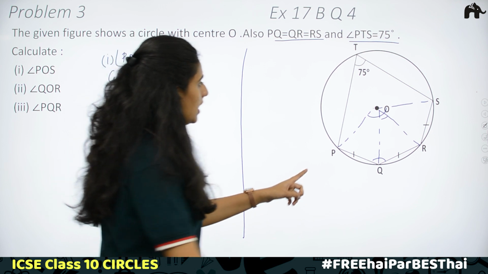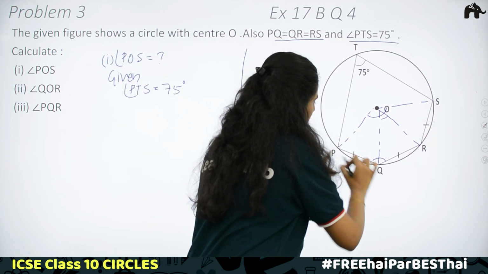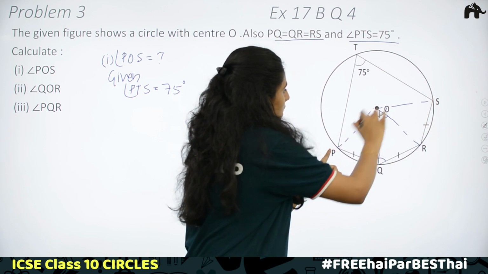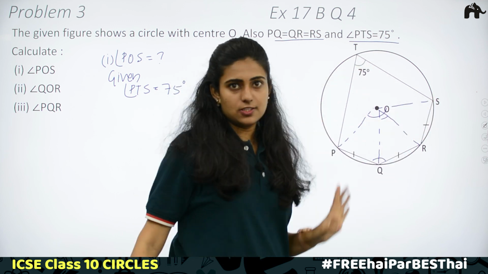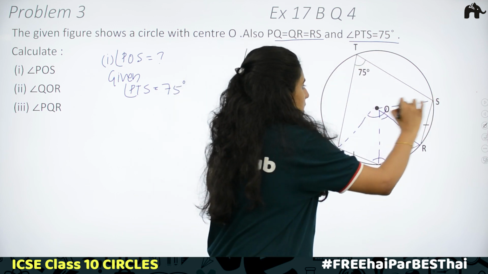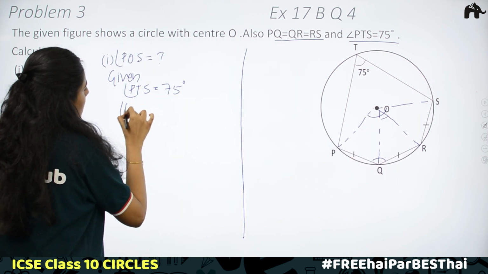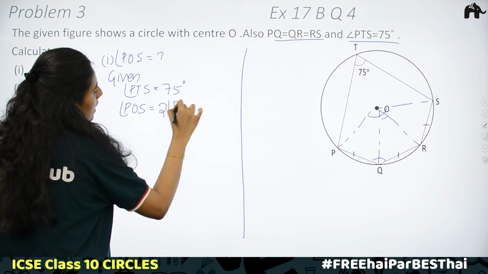Here, when you take this chord PS or this arc PQRS, it subtends angle POS at the center and PTS on the circumference of the circle. So, we will be having POS equal to 2 times PTS. Angle POS is equal to 2 times angle PTS.